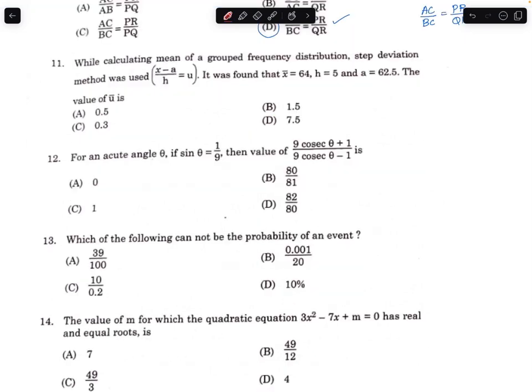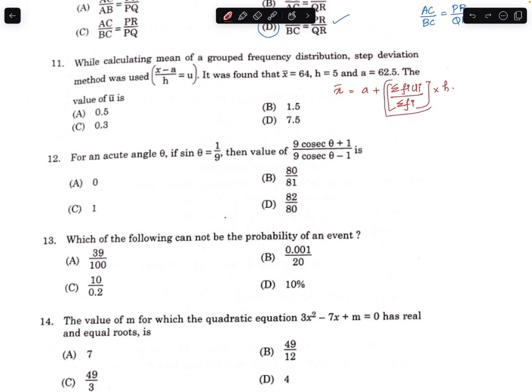Question number 11 says, while calculating mean of a grouped frequency distribution, step deviation method was used. It was found that mean is equal to 64, h is 5 and A is 62.5. That is, the assumed mean is 62.5. The value of u dash is? Let's write the formula for getting mean using step deviation. X dash is equal to A plus sigma fi ui upon sigma fi times h.